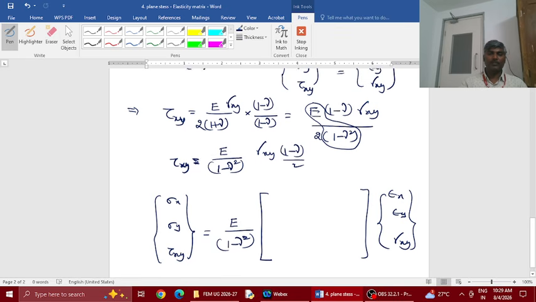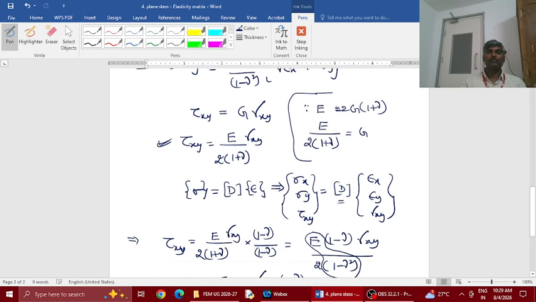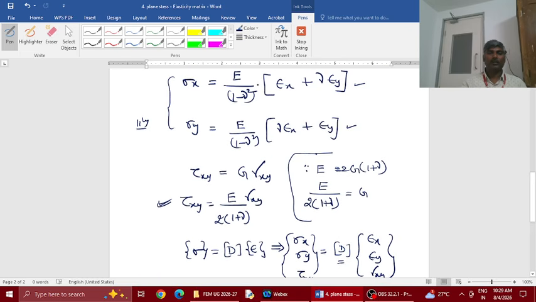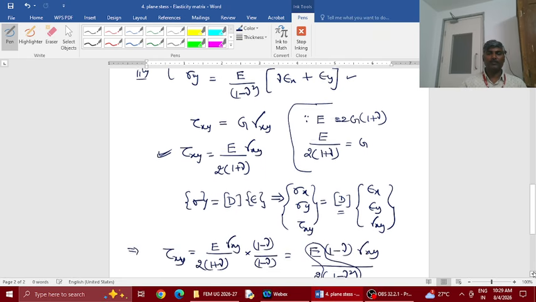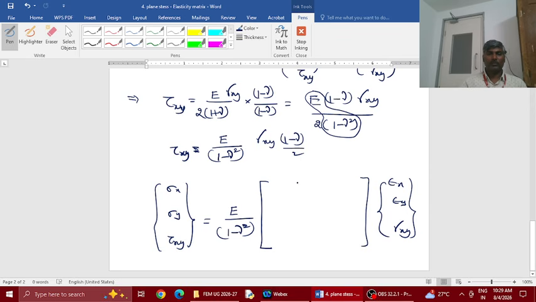The first equation is 1 into epsilon x plus nu into epsilon y, and the shear term is not there, so 0: the row is 1, nu, 0.